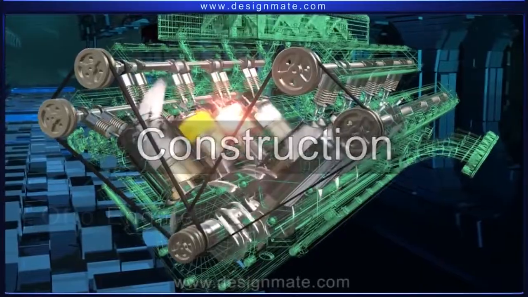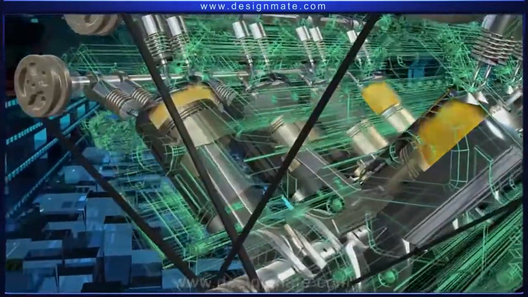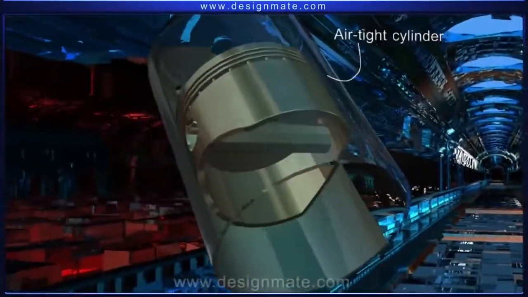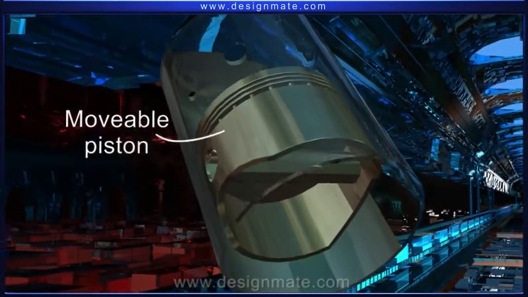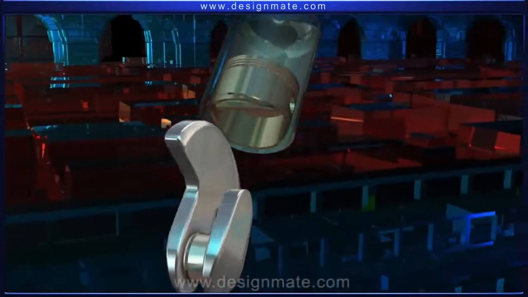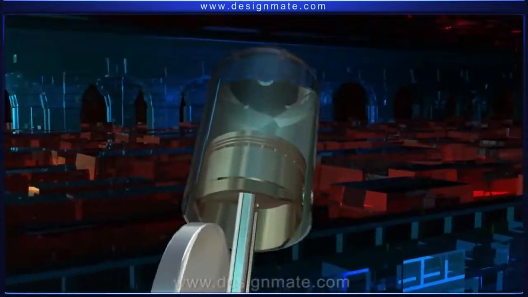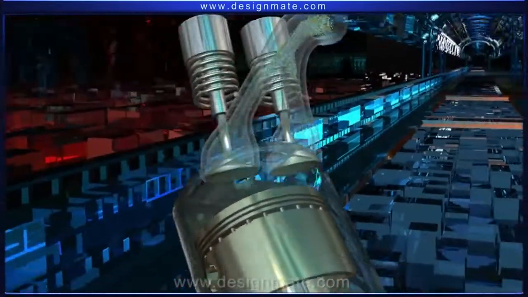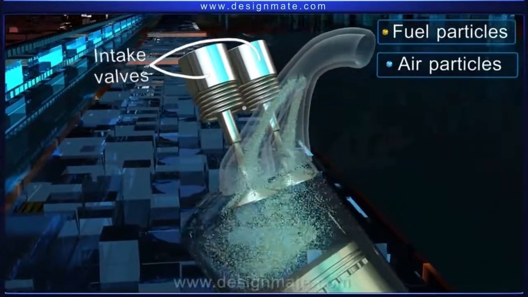Construction. A four-stroke engine mainly consists of insulated airtight cylinders with movable piston, which are joined to the crankshaft through connecting rods. The intake valves let the fuel-air mixture enter the cylinder.